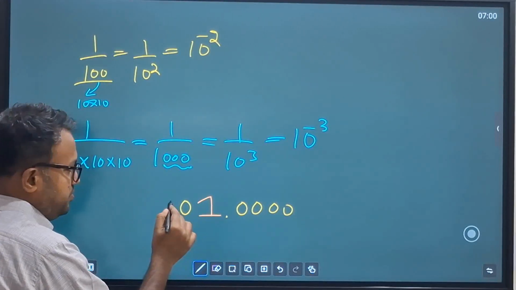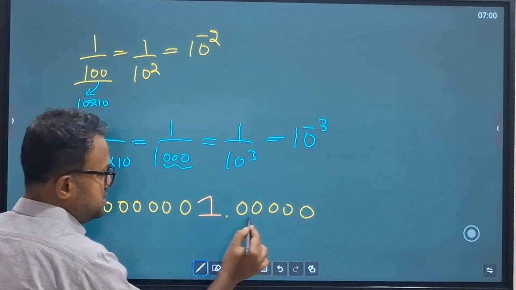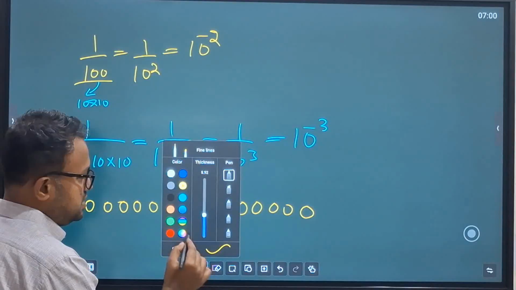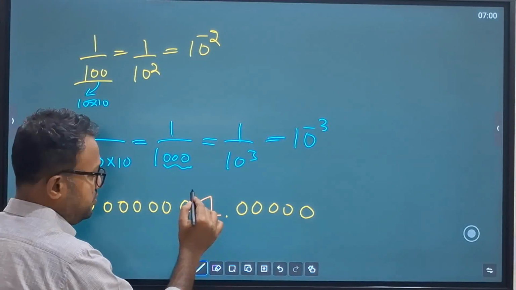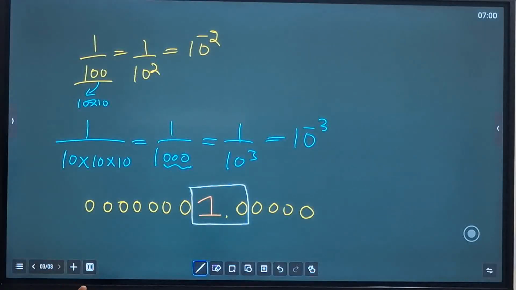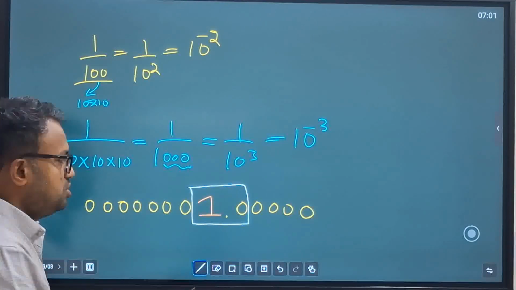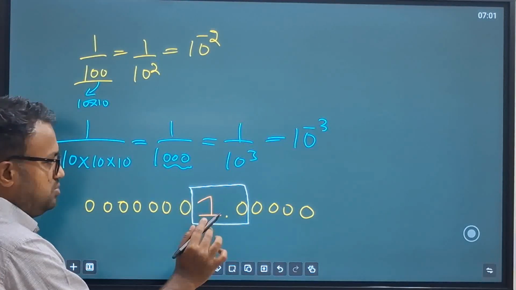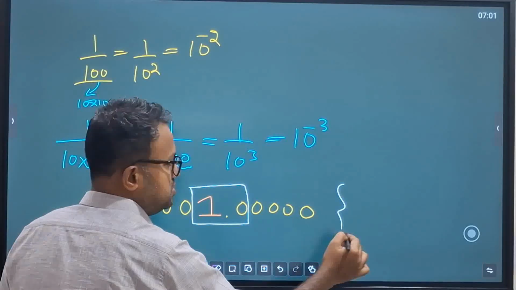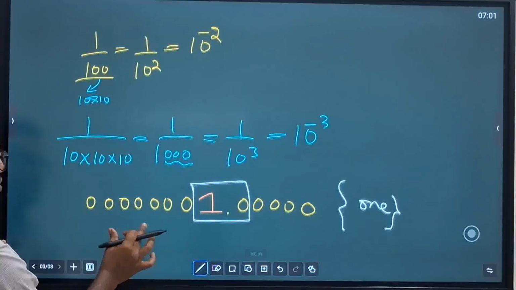That means 1. 1.00 means 1 only. 1.0 means 1, it is just 1.0. You have to just see how many non-zero numbers there are. 1.0 is nothing but 1. So what I have written here is 1.